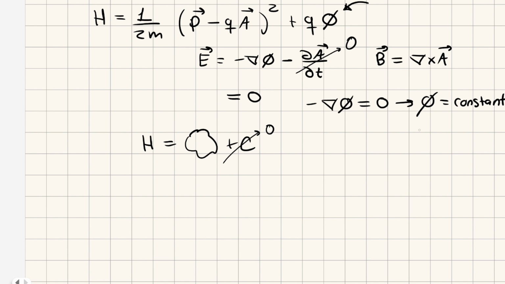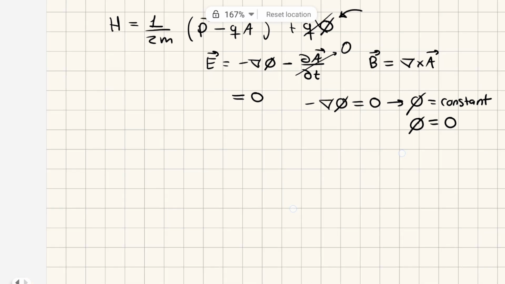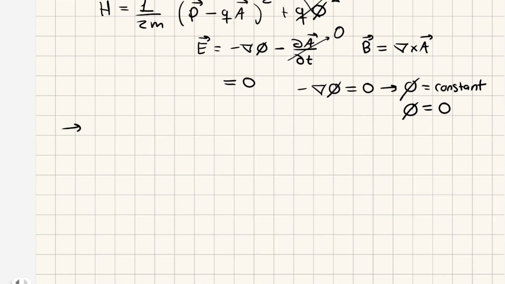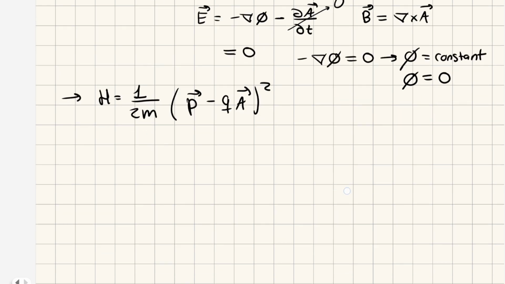Then we can just set this phi to be equal to 0. So this element is going to disappear, just for our purpose. That means that the Hamiltonian of an electric charge under the influence of a uniform magnetic field is equal to this thing that I have here, and this is squared. Perfect.